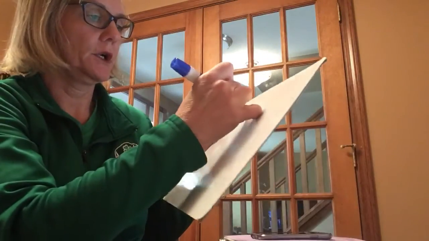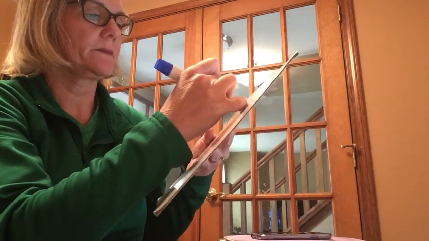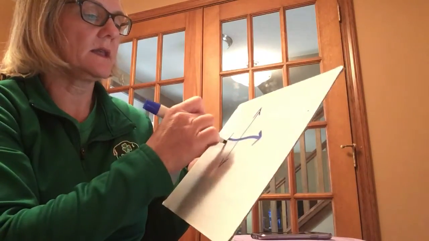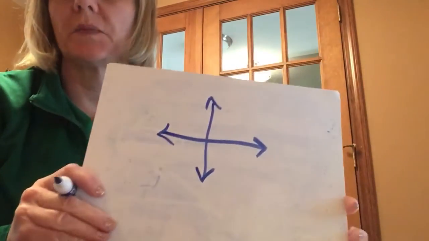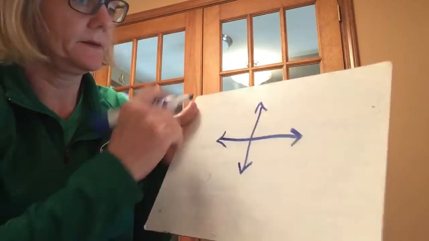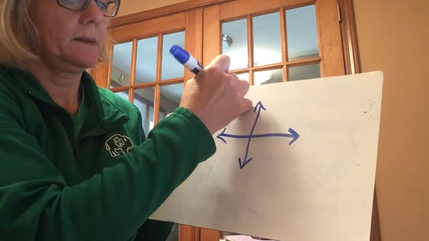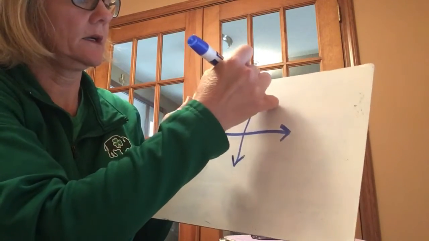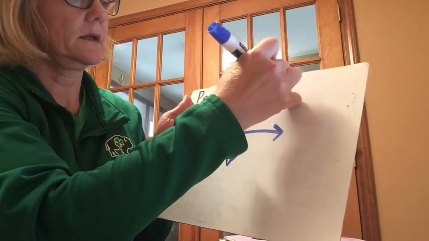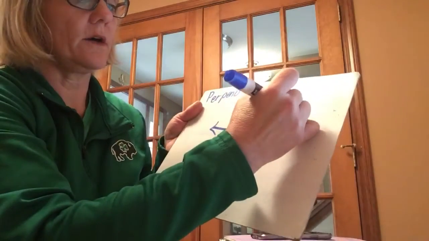Okay. And then you're going to have other lines that are called perpendicular lines. Such a funny word. And these lines cross, but the difference with the perpendicular line is that these cross at a right angle.